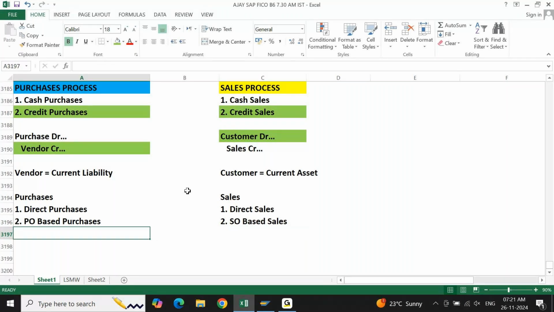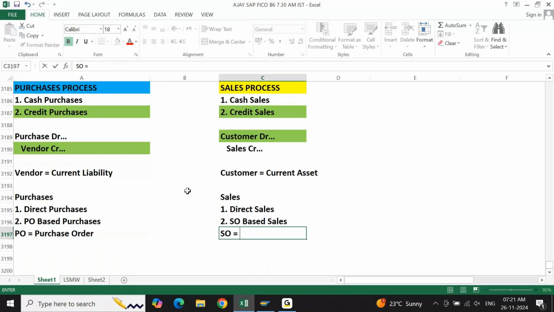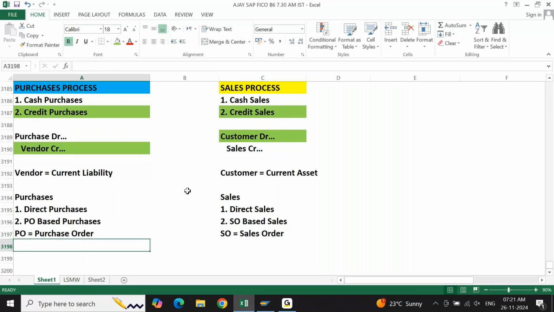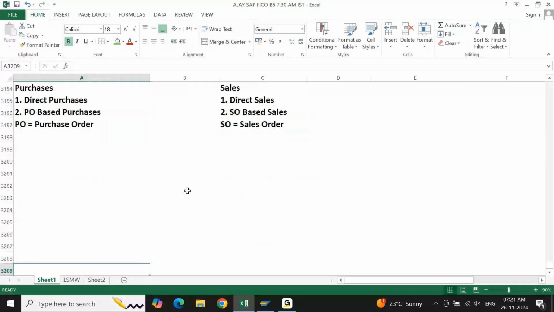Here, when I'm talking about PO, what do I mean by PO? Purchase order. When I'm talking about SO, what do I mean here? Sales order. In any organization, majoritarily purchases will happen based on the purchase order or directly.